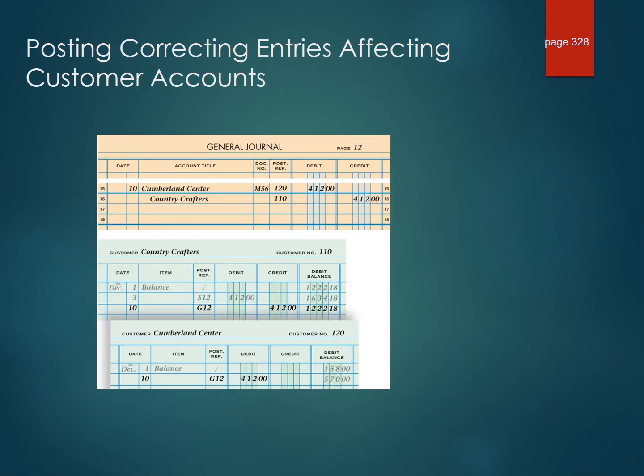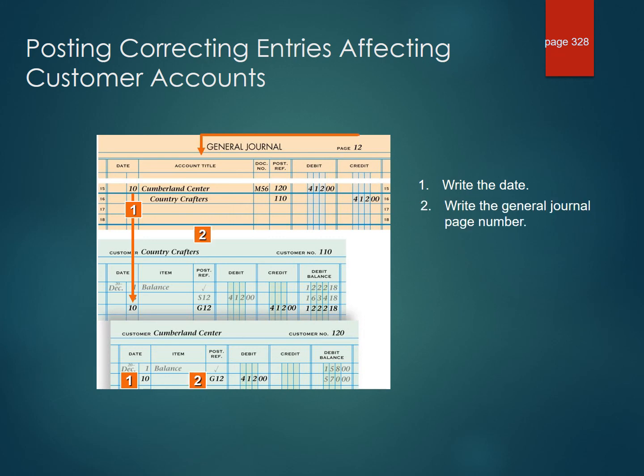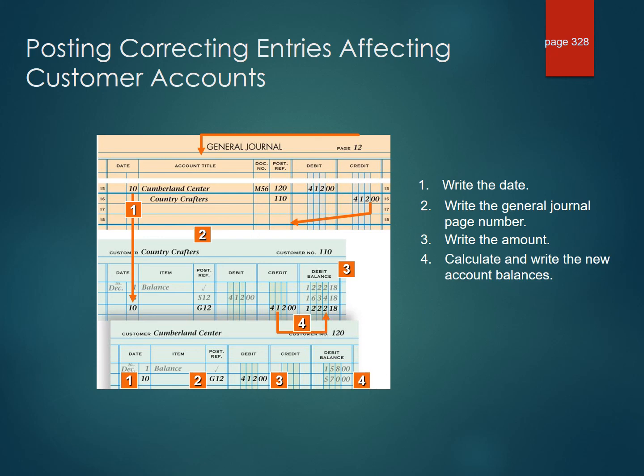Posting correcting entries affecting customer accounts. We will now take that transaction and write the date in our customer accounts. We will write the general journal page number. We will write the amounts into the correct customer accounts, and then we will calculate the due balances.